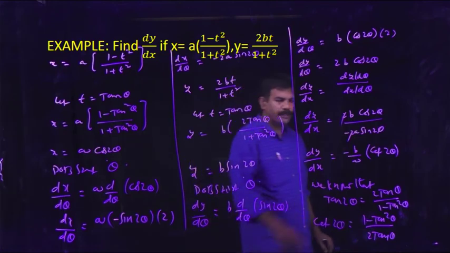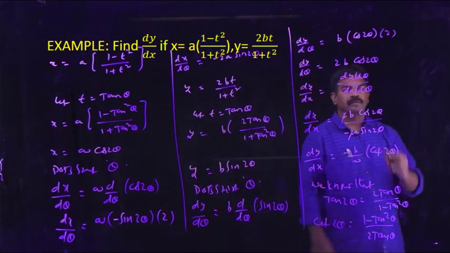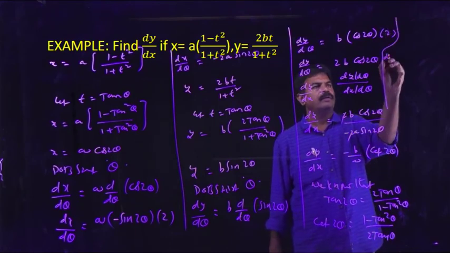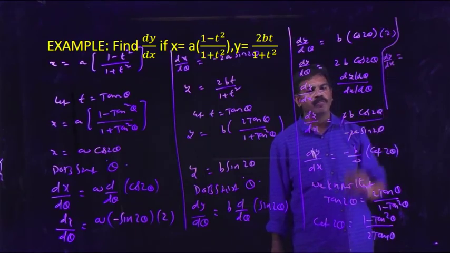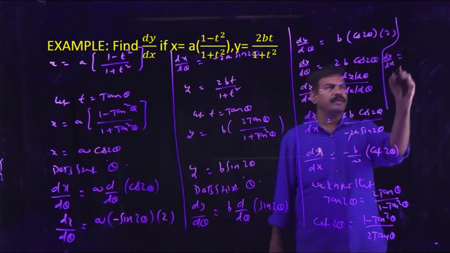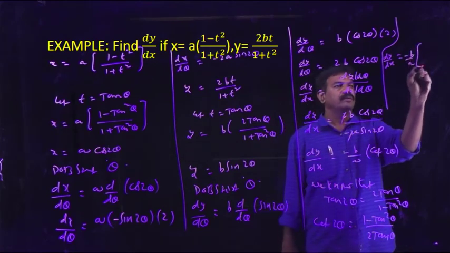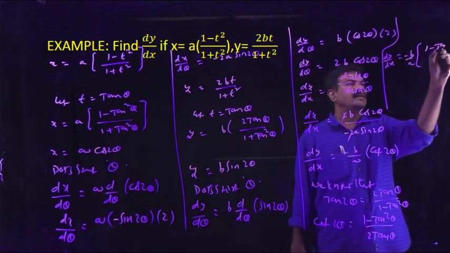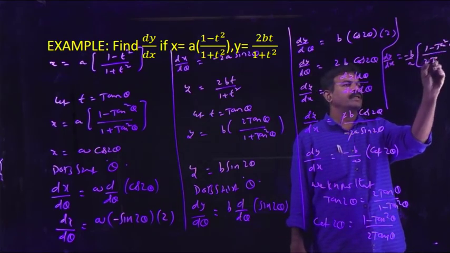So applying the cot 2 theta value, we get dy by dx is equal to minus b by a into, that is cot 2 theta is 1 minus tan square theta by 2 tan theta.